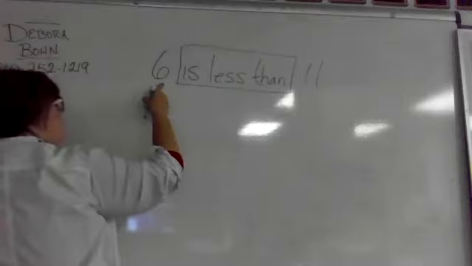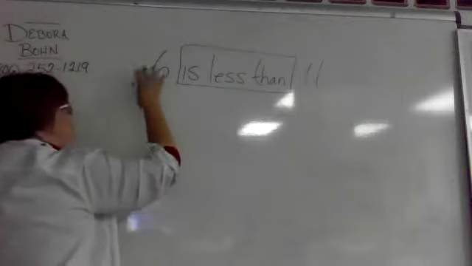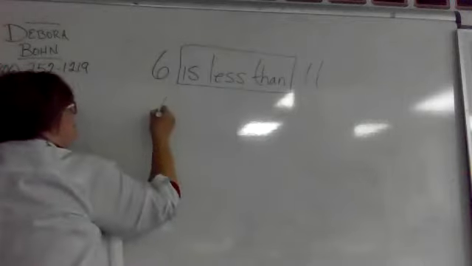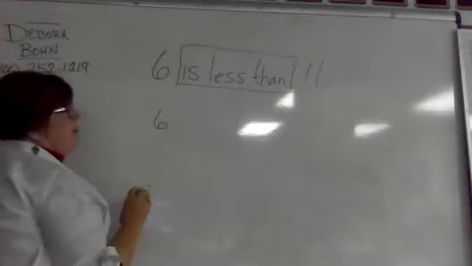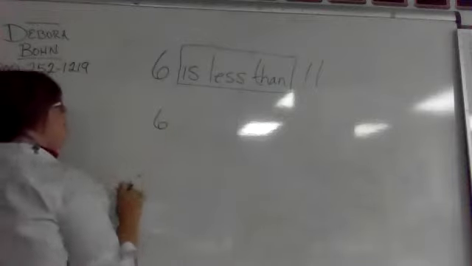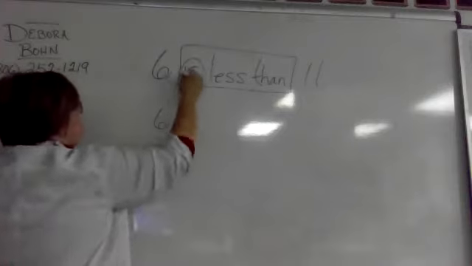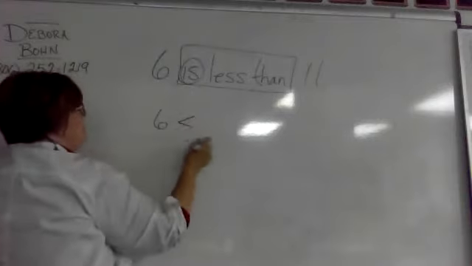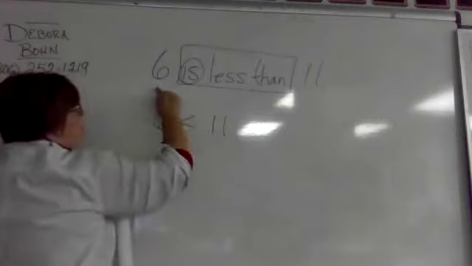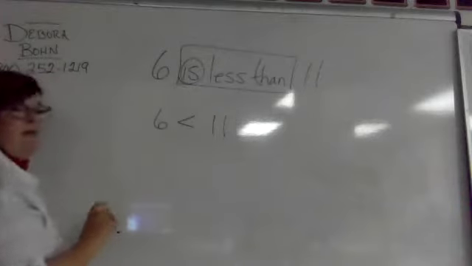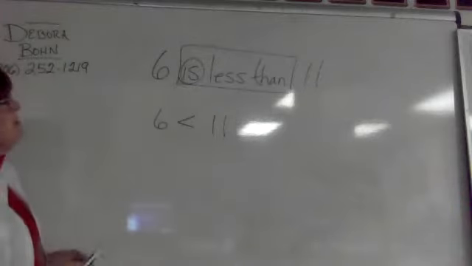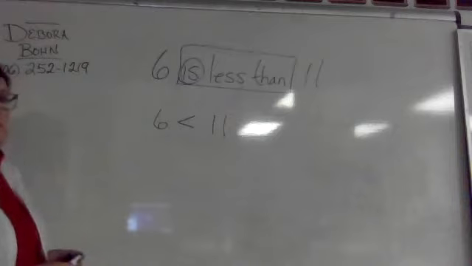So we know how to write, usually it's SIX, not 6. Okay, so we write down 6. We're going to try to write math instead of these words. Is less than refers to this sign, and so writing this phrase will look like this mathematically because it says is less than. Okay?